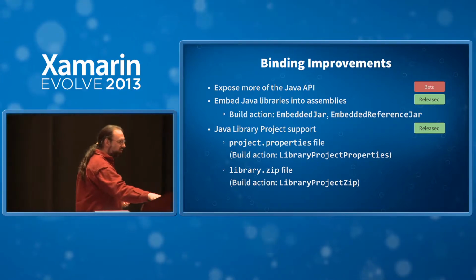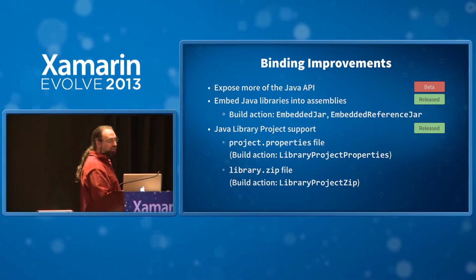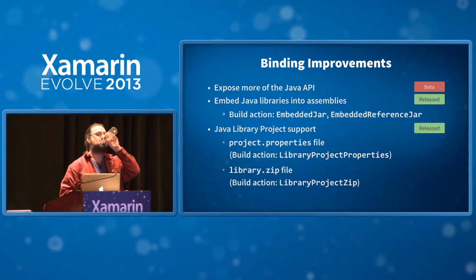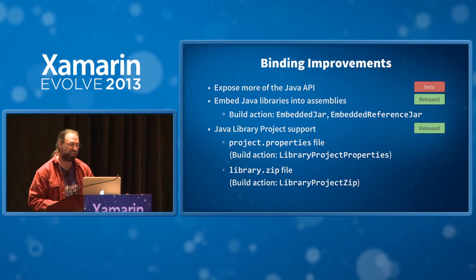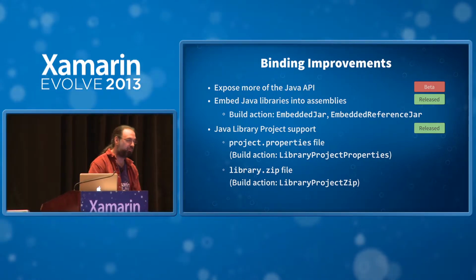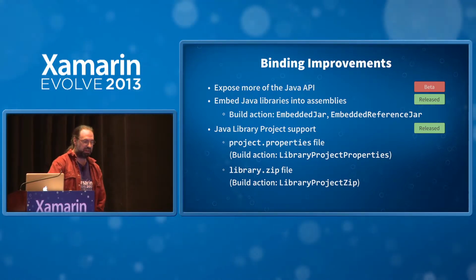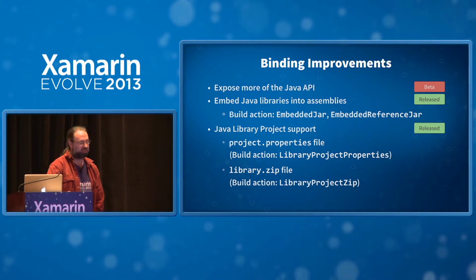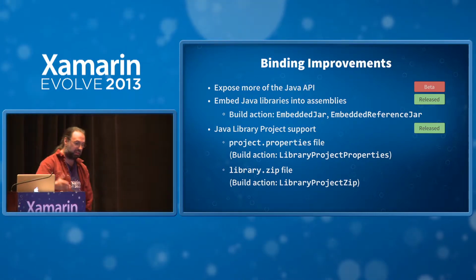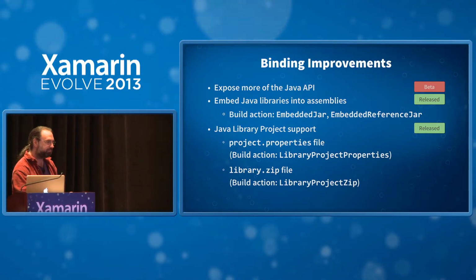There is also support for Java library projects. So if you're using Eclipse, or you're using Ant, or you're using the Android SDK build system, which occasionally uses parts of Ant, you may have a project.properties file.